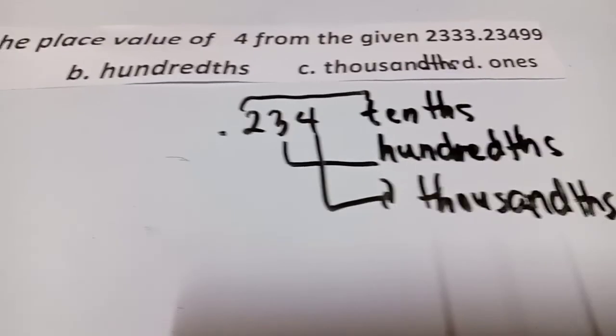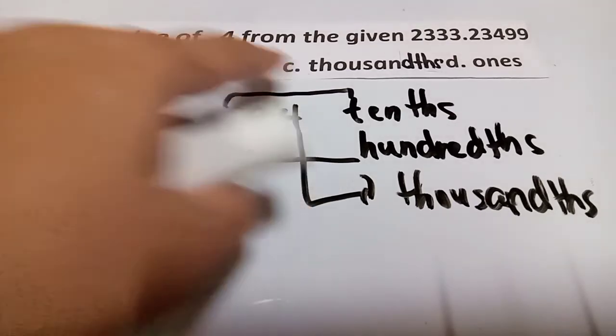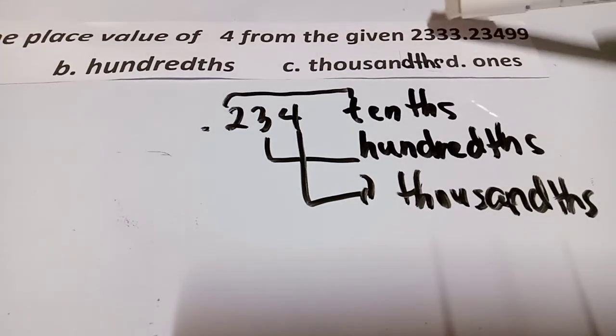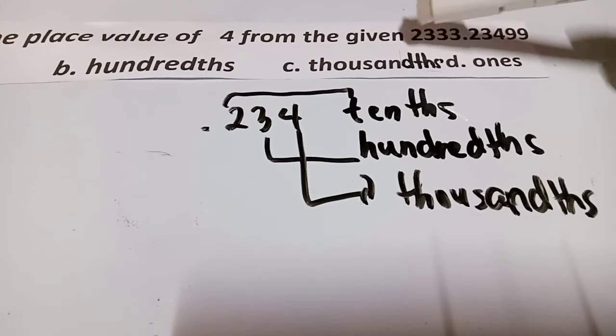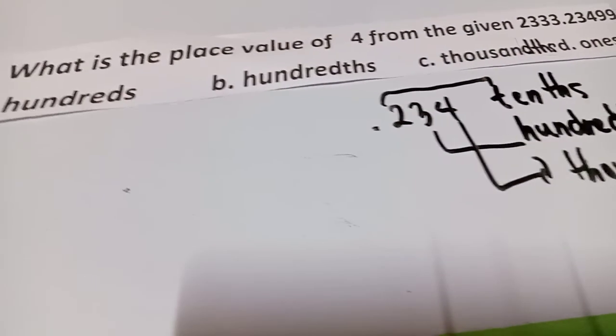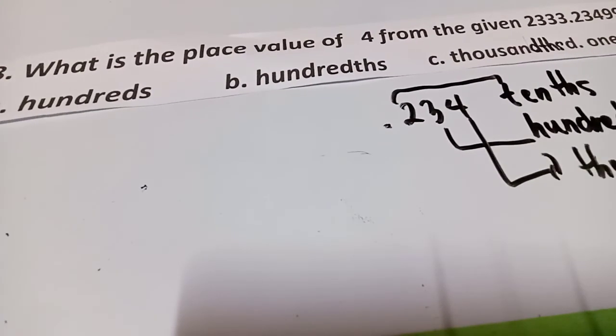So the answer is letter C, thousands. And if this is the whole number, this is ones, this is tens, hundreds. So that will be the answer for number 8. It's letter C, thousands.